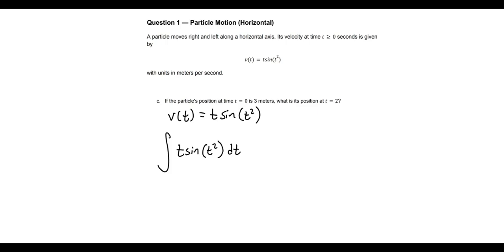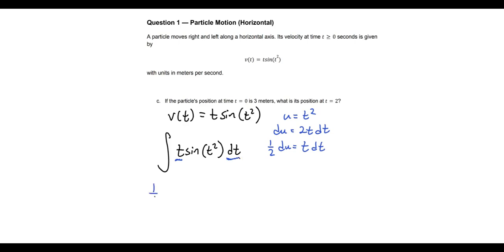We're going to be using a u substitution here. Let u equal t squared. That means du is 2t dt. If I multiply both sides by a half, I figure out that 1/2 du is t dt. The reason that is so helpful is because we have exactly a t dt over here.